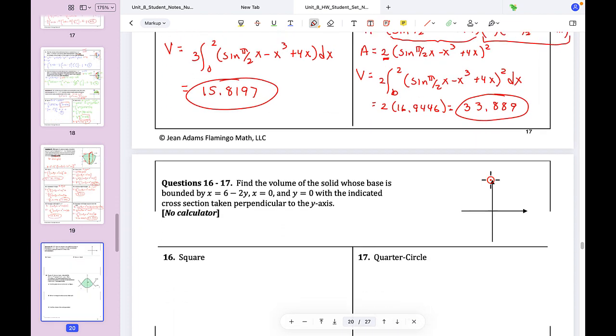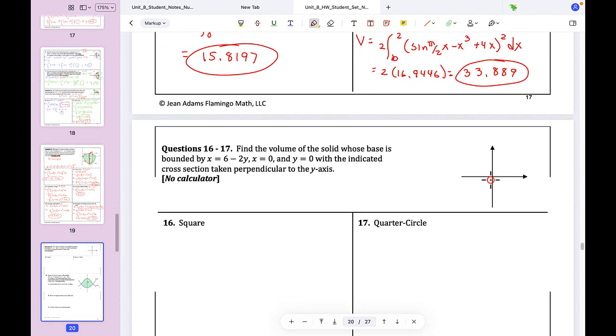Okay, number 16. The volume of the solid whose base is bounded by, okay, we've got x equals 0, y equals 0, so that's the x and the y-axis, right? This is a linear function with the indicated cross-section perpendicular to the y-axis. Okay, so graphing this, I'm going to use the x and y-intercept method.